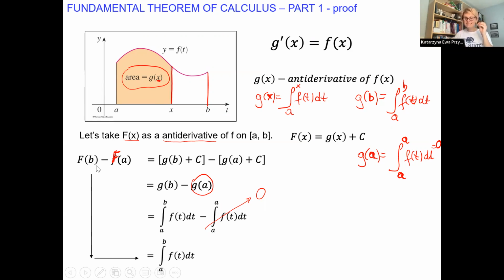What we need is the antiderivative, and we need the difference of the antiderivatives at the endpoints, the values g of b minus g of a, and if I ignore the constant, I can say g is the antiderivative. We just take the value at b minus the value at a, and this will give us the entire area.